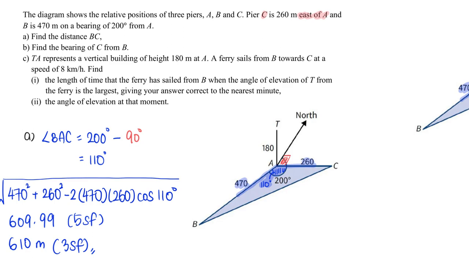So there is this ferry that sails from B towards C at a speed of 8 km per hour. And now we are required to find the time taken where the ferry has sailed, that the angle of elevation is the largest.